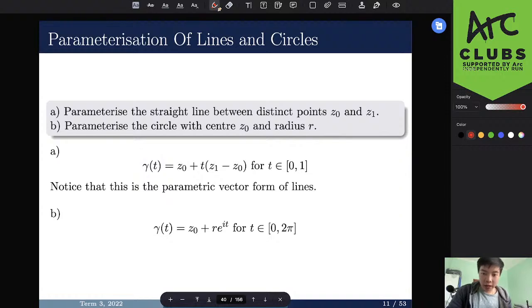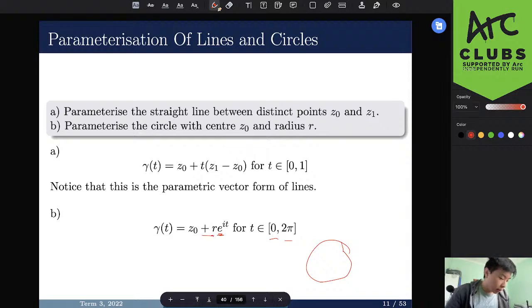So we also have a parameterization of a circle, and it has a center at z0 and a radius of r. So r is a real number and z0 is a complex number. So this is actually quite simple. We can just build up to it. So first we have e to the it, and since t ranges from 0 to 2 pi, we just get a unit circle, right?